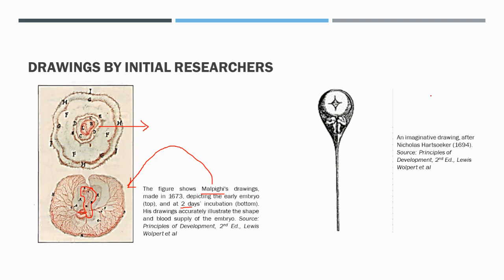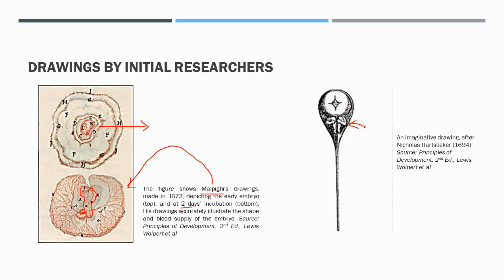The preformationist theory is what was put forward by a few of the scientists early in the knowledge gaining process. So this is what was their understanding. You can see there is a tiny individual that has been drawn over here inside a sperm head. We can see that there's a little child with its head sitting bowed found inside this.